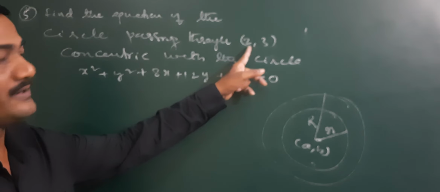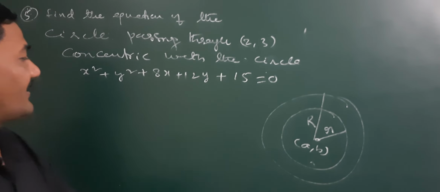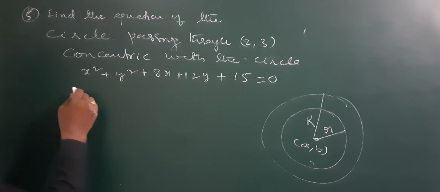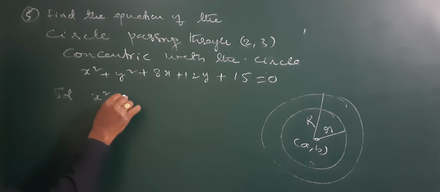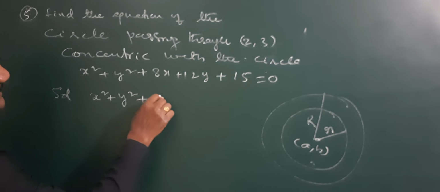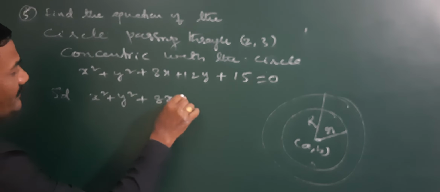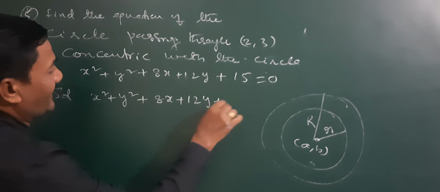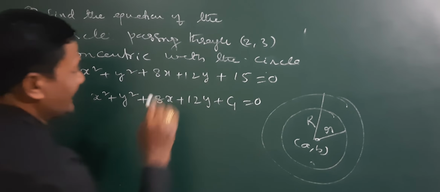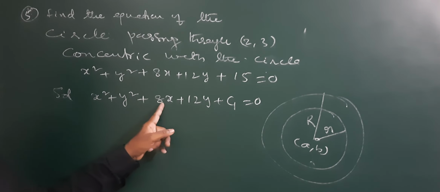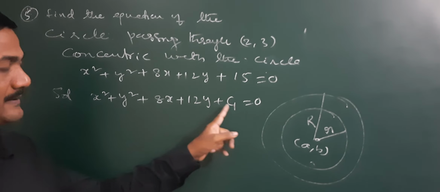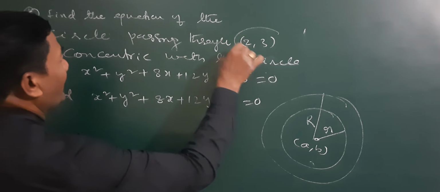The center is 2 comma 3, and the radius is different. Therefore, the equation of the circle is x square plus y square plus 8x plus 12y plus c1 is equal to 0. So this equation is passing through the point.